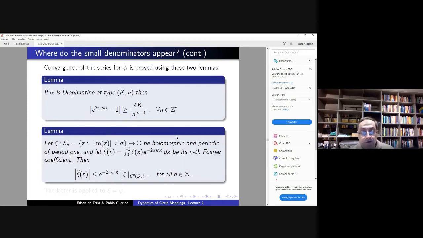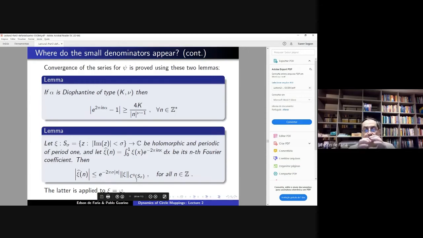Okay, and now it turns out that, first of all, the lemma is applied for psi equal to phi, of course. So we use this for phi, but in order to get this estimate here, in order to have the C0 norm of psi on some strip, you actually have to narrow the strip a little bit, because the way this is proved is using Cauchy's integral formula.